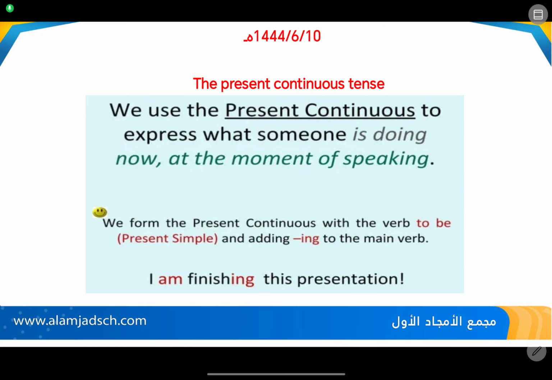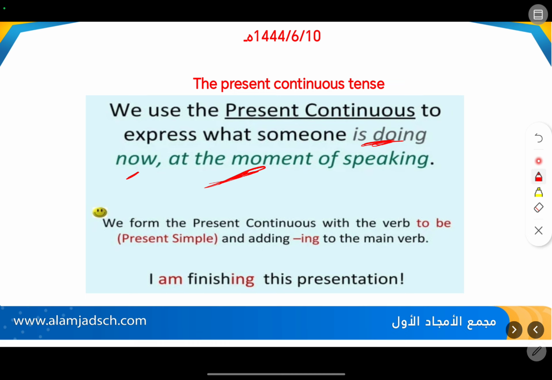Okay, this is the last thing we have today. This is the present continuous tense. As I told you, we use the present continuous tense to express what someone is doing now or at the moment of speaking. So it's about the present. We form the present continuous tense with the verb to be in the present simple, and adding ing to the main verb.